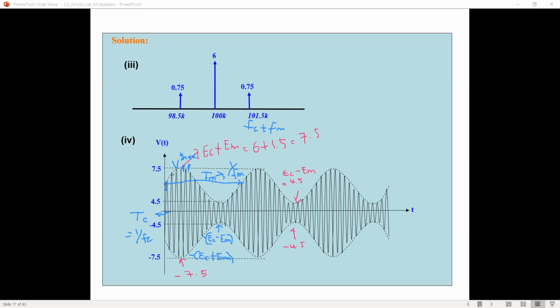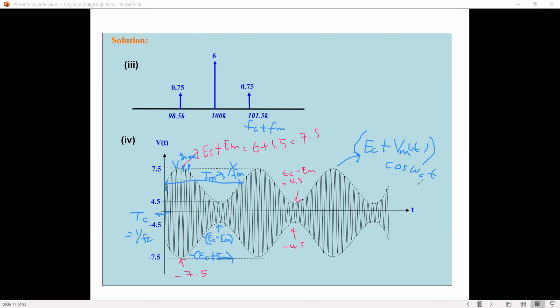The amplitudes are varied, and the varied amplitudes are sums of amplitudes from FC, FC plus FM, FC minus FM. But the whole waveform here can be represented using AC plus VMT times cos omega CT. So this part is your envelope, and this is your high frequency.